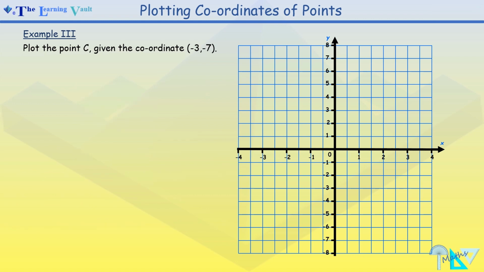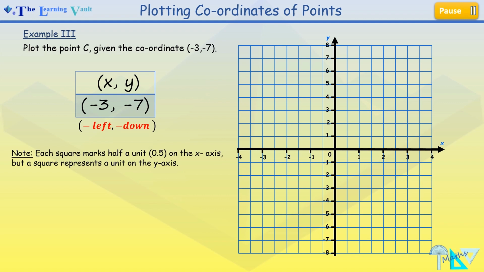Example 3. Plot the point C, given the coordinate -3 and -7. You can pause and have a go. Note, each square marks half a unit on the x-axis, but a square represents a unit on the y-axis.